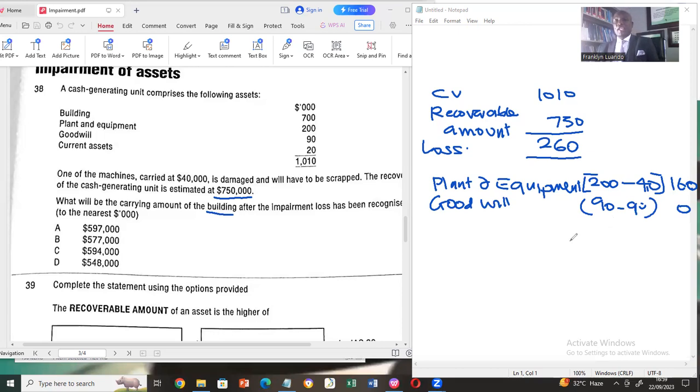So now we need to check how much impairment loss is remaining. Impairment loss is 260. We have allocated to plant and equipment 40.